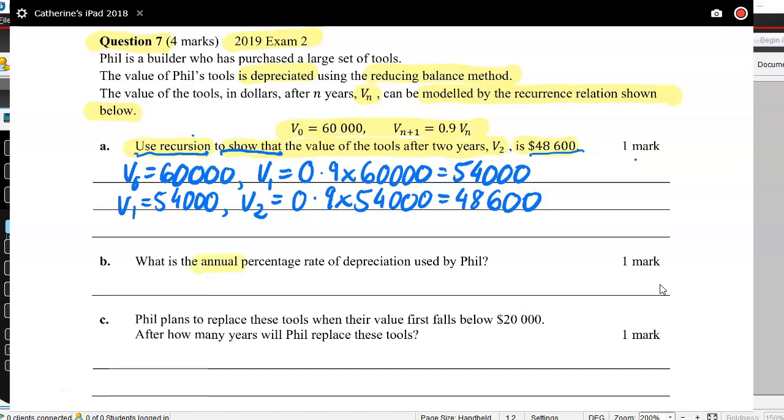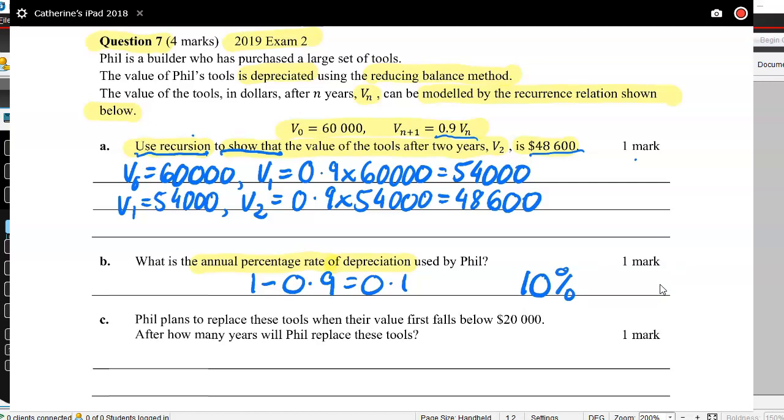So what is the annual percentage rate of depreciation used by Phil? Okay, let's go back to our rule where we go 0.9 times Vn. So 1 minus 0.9 equals 0.1. So our rate is 10%.